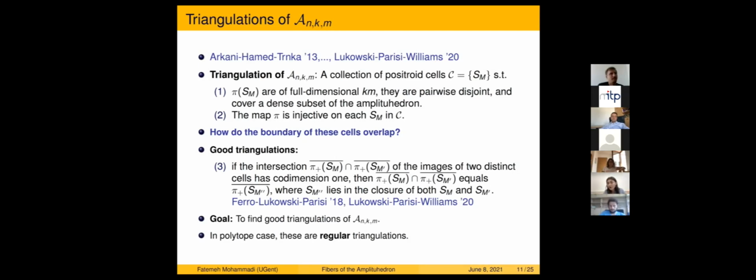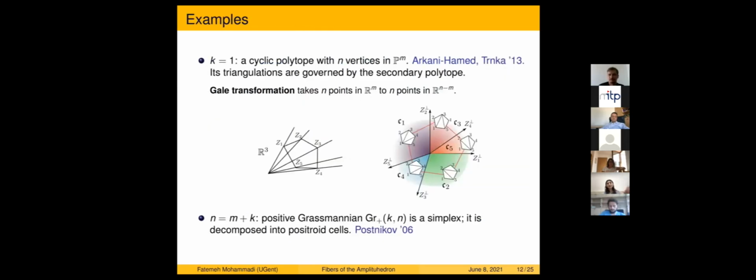Okay, so let me just go back again. So far we've seen two families of examples of amplituhedra, namely the cyclic polytopes with n vertices in P^m, the projective polytopes. And we saw that in this case, you can actually construct concretely a collection of all these subdivisions of the polytope.